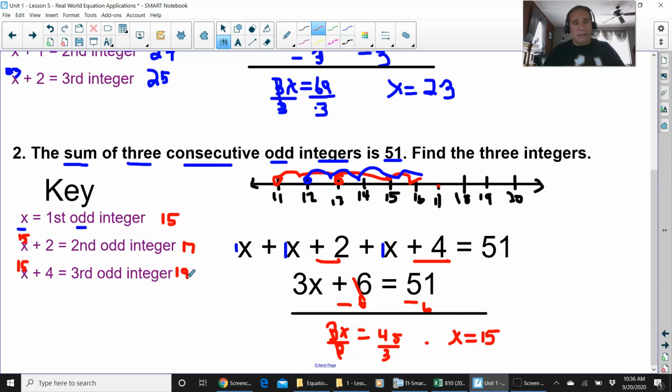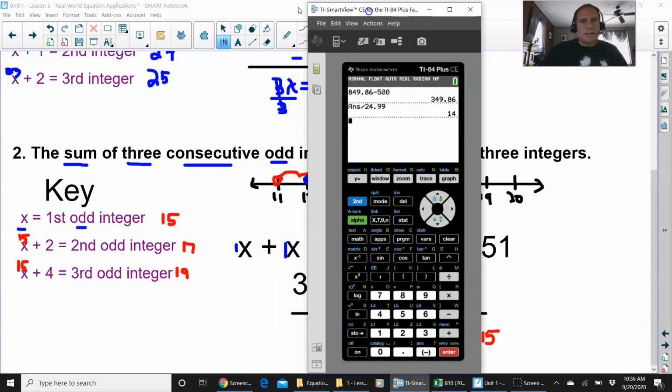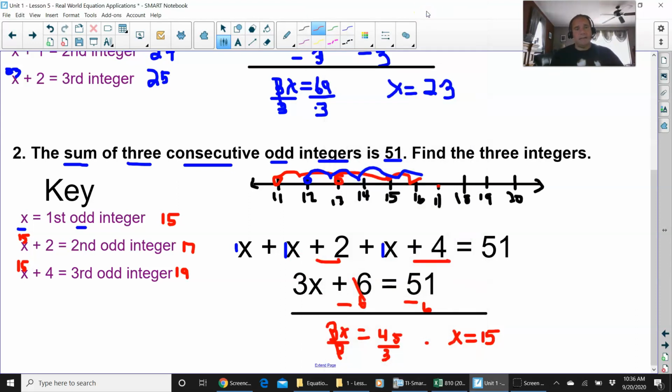If you want to check it, you add all of these numbers up, and they should equal 51. So let's hope it works out. So look, I'm going to just check it real quick. 15 plus 17 plus 19 equals 51. It works, and that is how you would do a question like that.